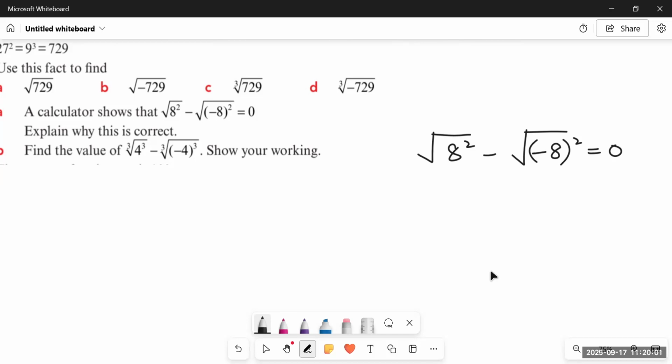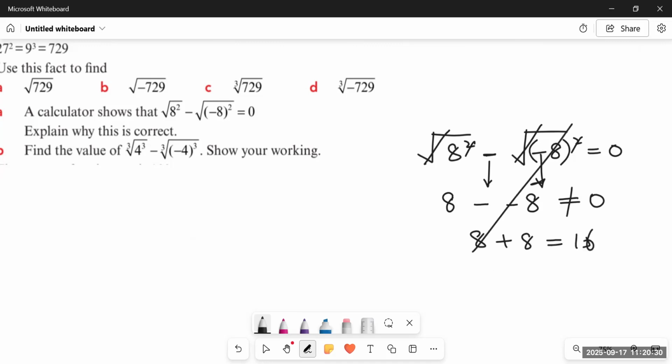If we will solve it directly, what will happen? That square root will cut square, square root will cut square, and what are we left with? We are left with 8, this minus sign, then this minus sign, and then 8. It won't be equivalent to 0. So we are not going to solve it like this because it's 8 plus 8, which is equivalent to 16, not 0.